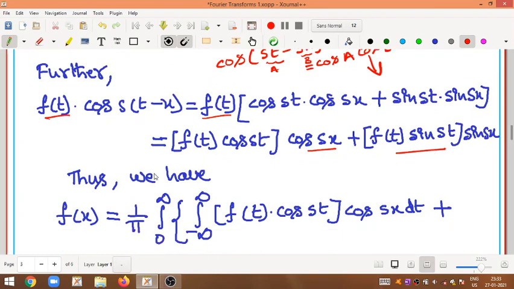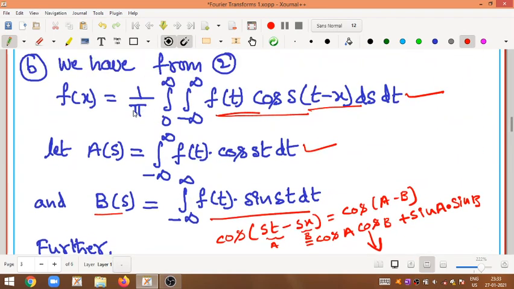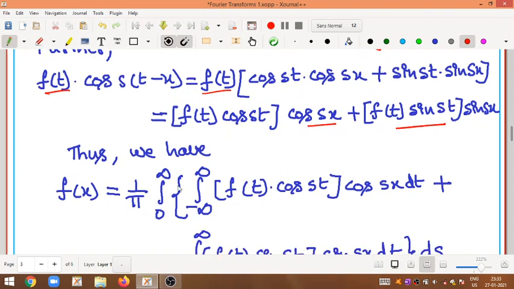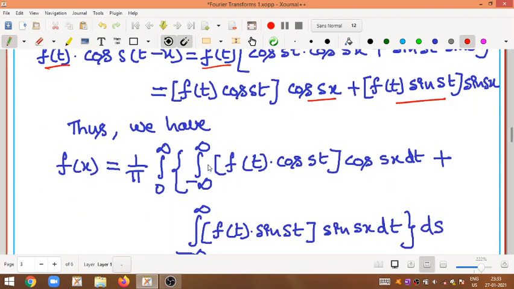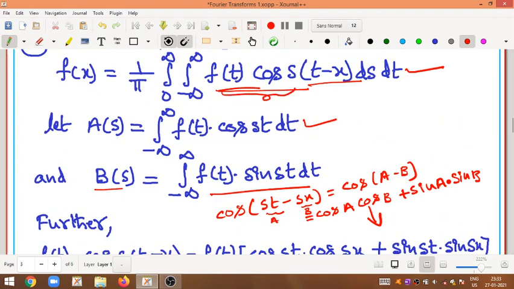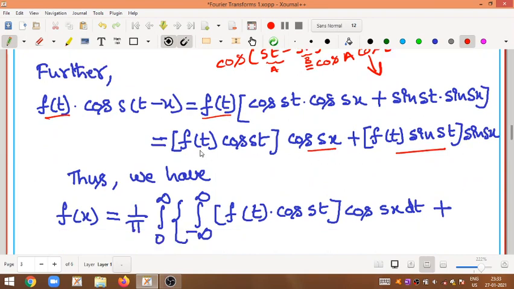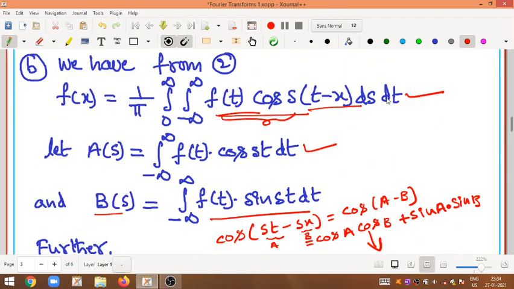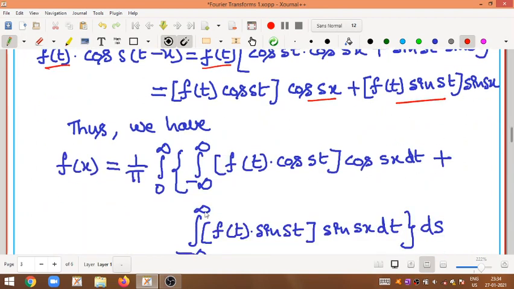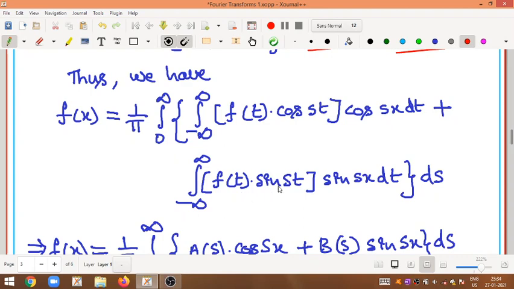sx. Thus this equation becomes f of x is equal to 1 by pi into the integral from 0 to infinity, as it is, of the integral from minus infinity to plus infinity of f of t into cos st into cos sx into dt, plus the integral from minus infinity to plus infinity of f of t into sin st into sin sx into dt.